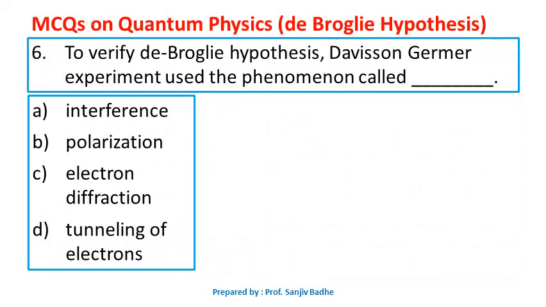Question number 6. To verify de-Broglie hypothesis, Davisson Germer experiment used the phenomenon called interference, polarization, electron diffraction, or tunneling of electrons. So which phenomenon was used by Davisson and Germer in their experiment to confirm the existence of wave associated with the electron?